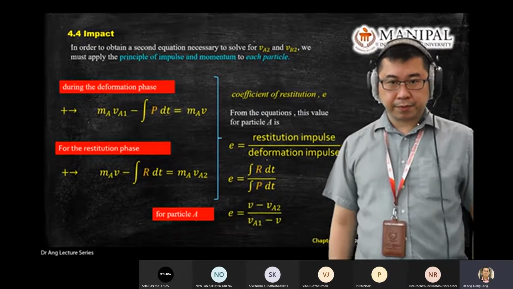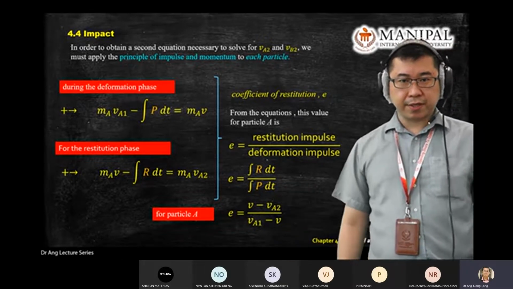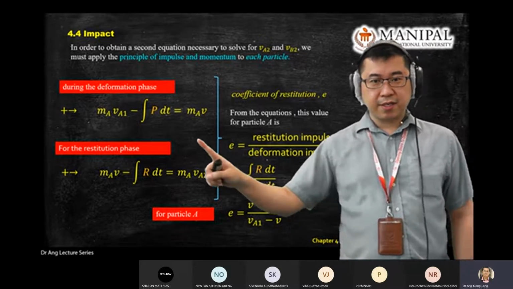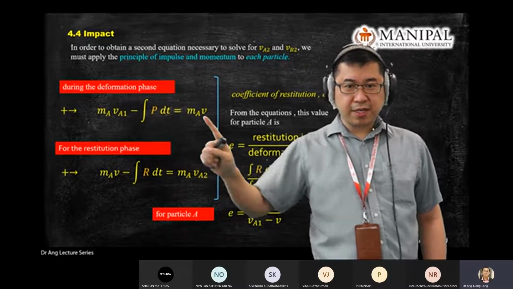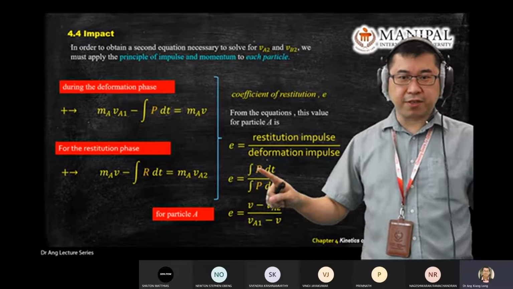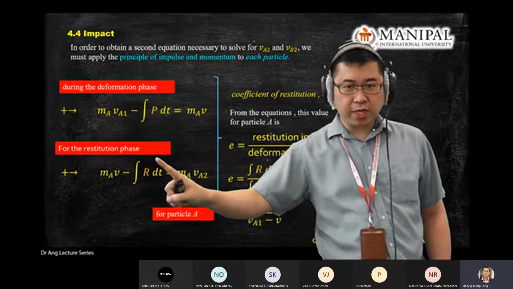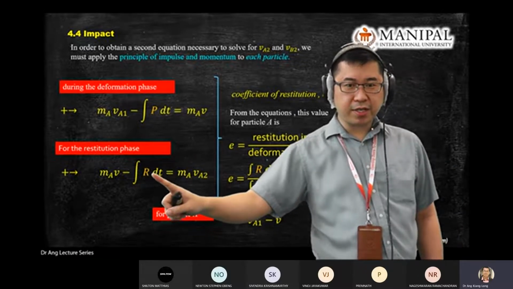Then you have this one. How do you find the impulse of this one? You rewrite this one. From here, you pull the whole thing to the right, and you get positive integral of R dt.